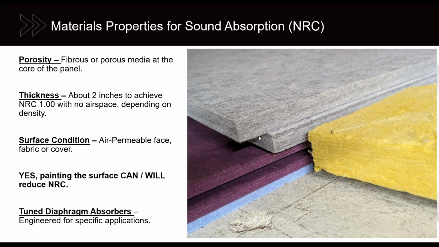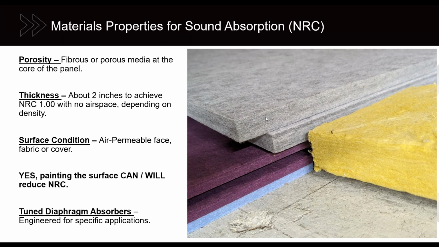You'll often notice that some materials are installed with a deep airspace behind them, for example, acoustical ceiling tile. That airspace is a way to cheat, basically, in a good way, and get more performance out of a material than it should be allowed based on its thickness. And this is allowed.